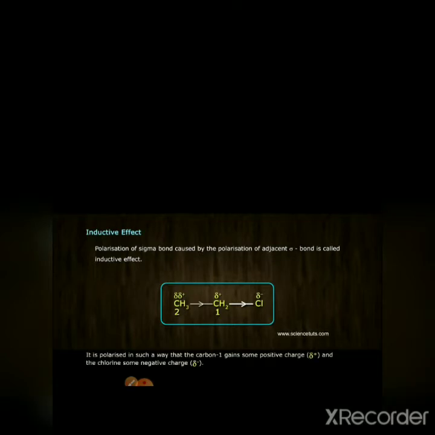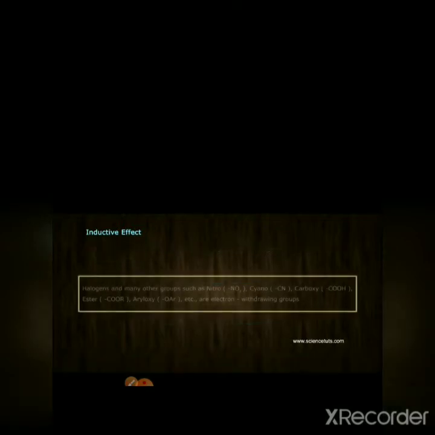It is polarized in such a way that the carbon 1 gains some positive charge and the chlorine some negative charge. This effect is passed on to the subsequent bonds also, but the effect decreases rapidly as the number of intervening bonds increases and becomes negligibly small after 3 bonds.